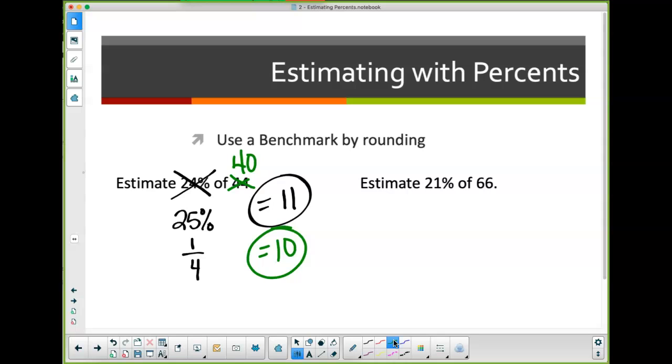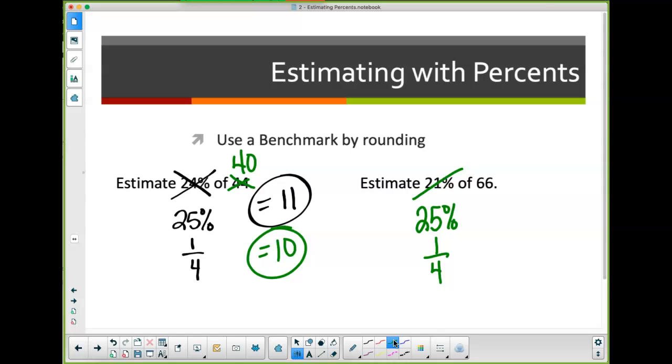So I could take this 21% and say, no, I don't want that. I want 25%, because 25% is 1/4. Can I divide 66 nicely by 4? Not really. Could I make 66 a nicer number? Could I change it so that I could divide by 4? How about if I went to 60?